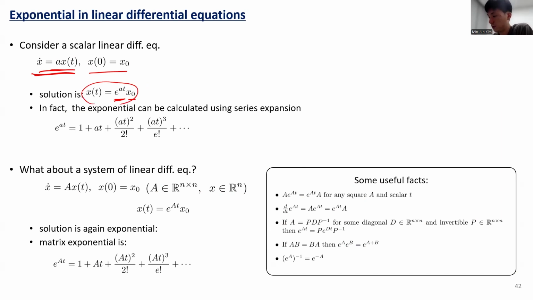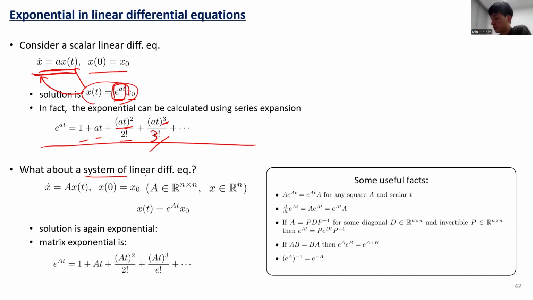If you plug this into here and here, then the left-hand side and right-hand side are the same, right? In fact, this exponential can be calculated using an infinite series expansion, right? So there's a typo. 1 plus at, plus at squared divided by 2 factorial, plus cubed divided by 3 factorial, and so on and so forth.